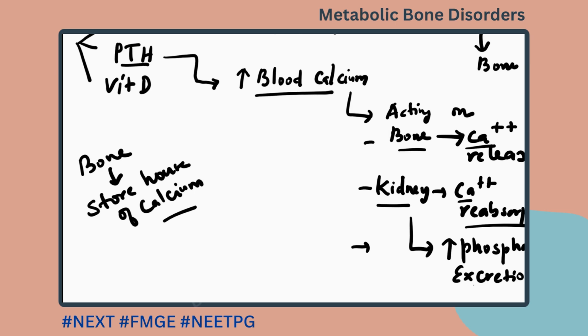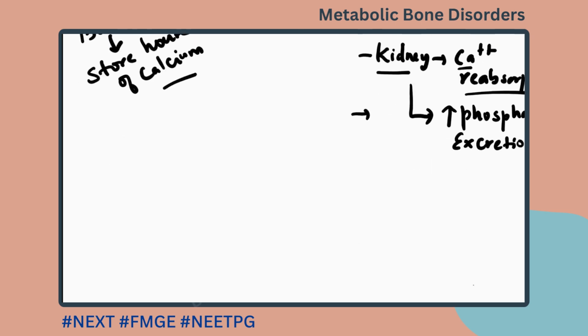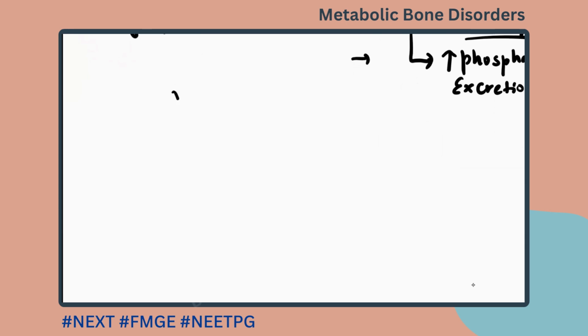Okay. So the next hormone you are seeing is vitamin D. Vitamin D is produced in the skin in an inactive form called cholecalciferol.